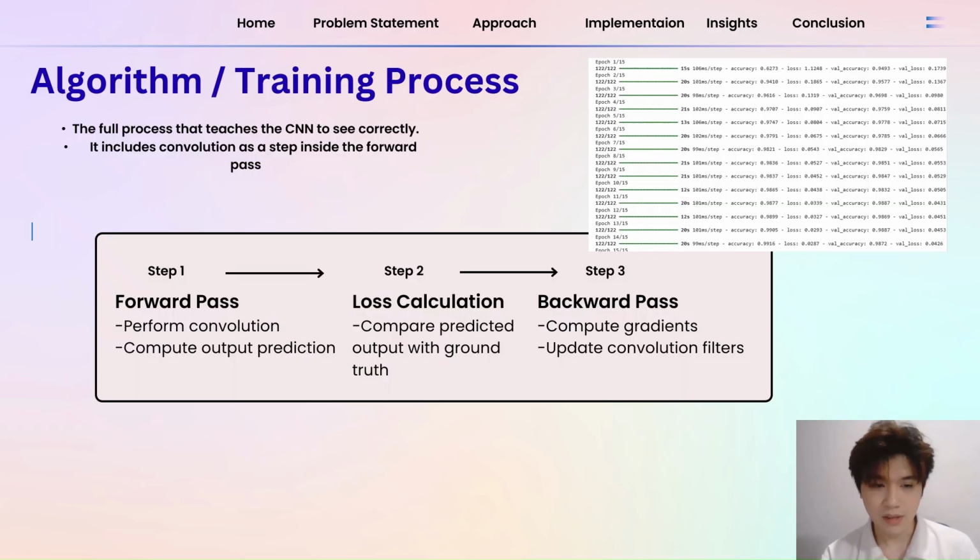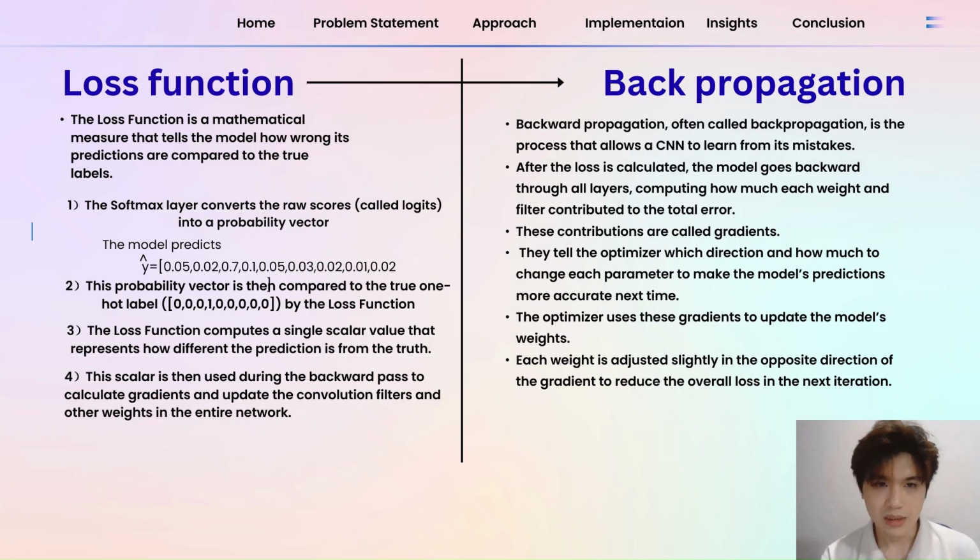In the algorithm part, we have trained our CNN model by step 1, the forward pass, to perform the convolutions and compute the output predictions. Then the loss function will measure how well the model performs, comparing the prediction probability vector from the previous step.